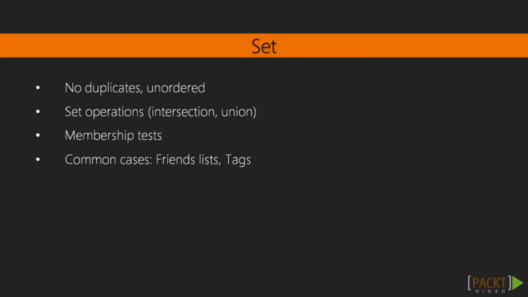And the last one that we're going to be looking at right now is the set. A set is like a list, but it has no duplicates and it's unordered. In other words, it's like a bag of things that you can put these values into. But it does give you some very interesting behavior that you can use, because you can have set operations like intersection and union.